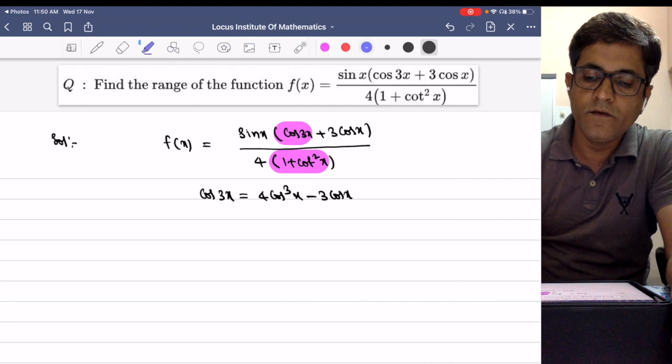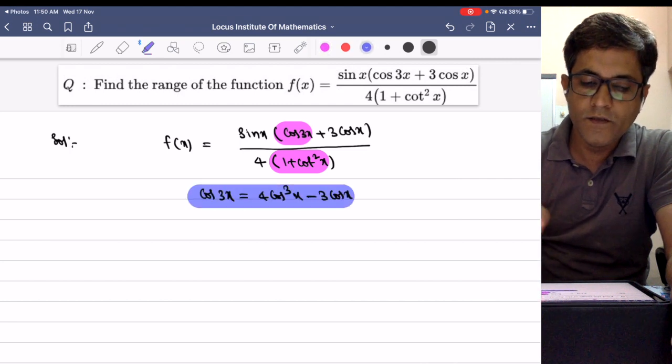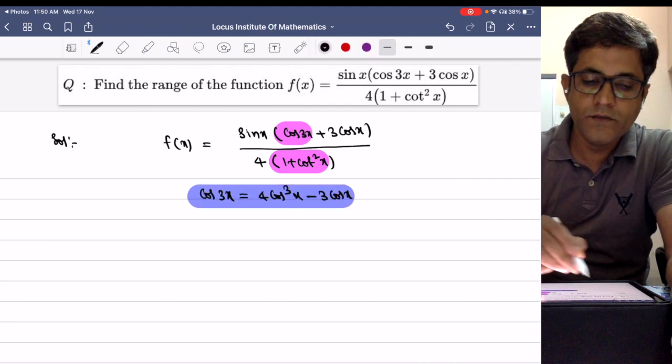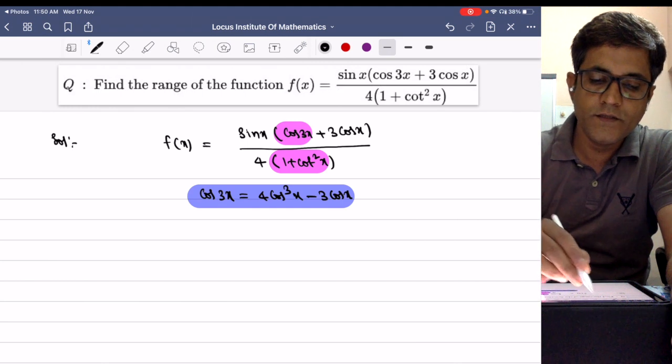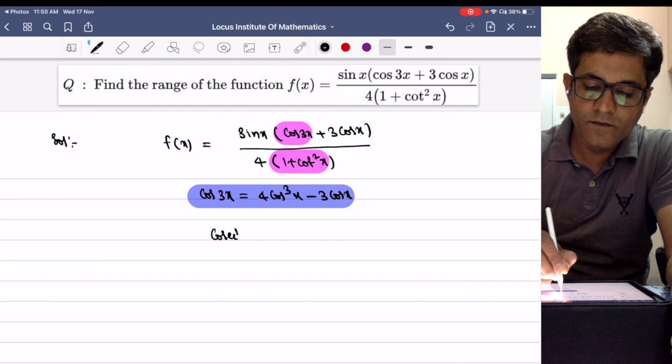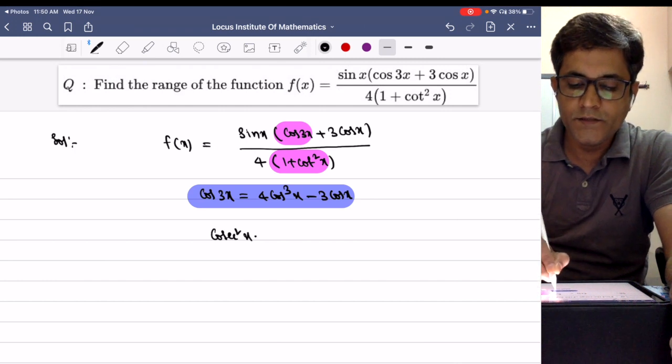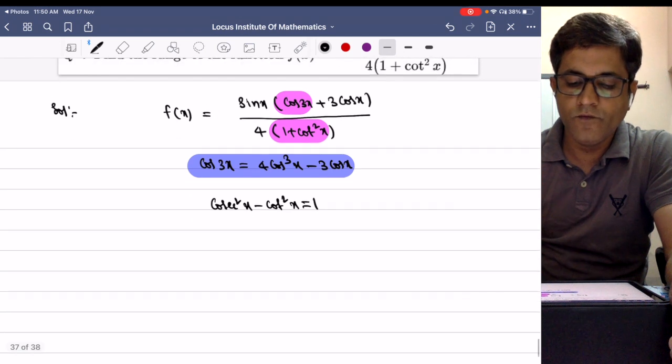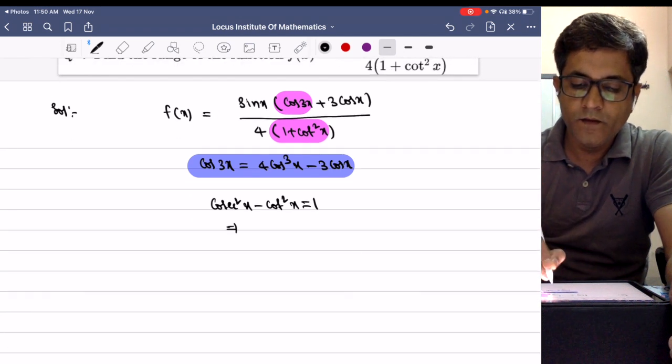Another result I use is the identity cosecant square x minus cot square x is equal to 1.